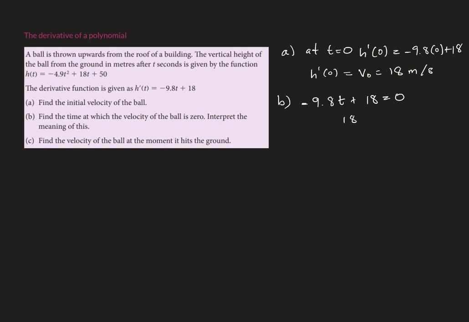So 18 is equal to 9.8t. t is equal to 18 divided by 9.8. That means t is 1.836. t is going to be 1.84 seconds.